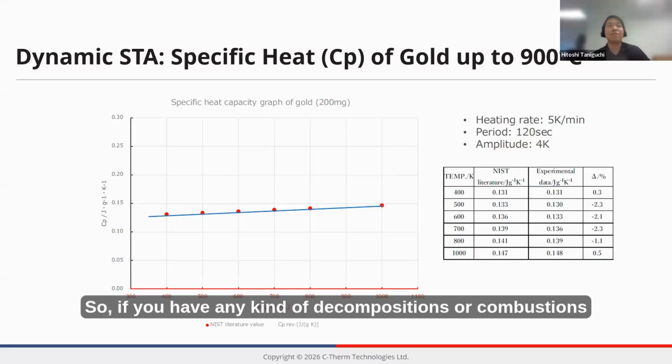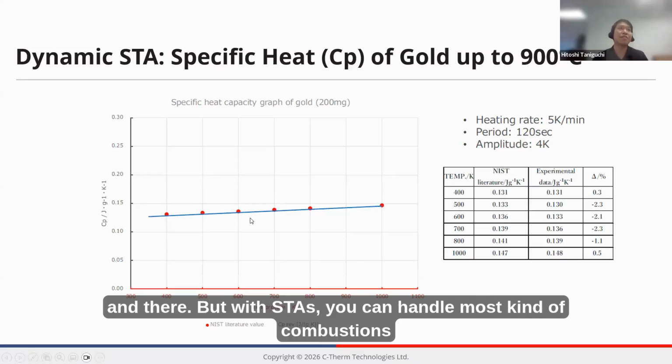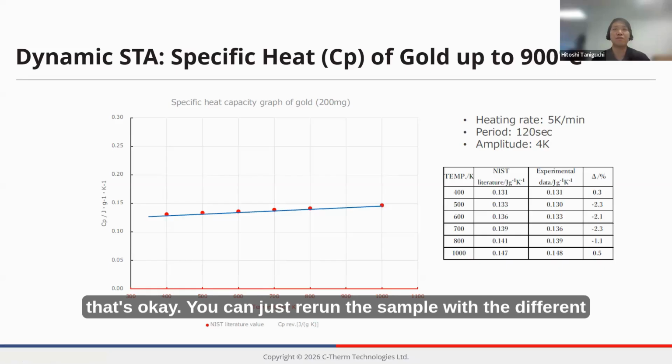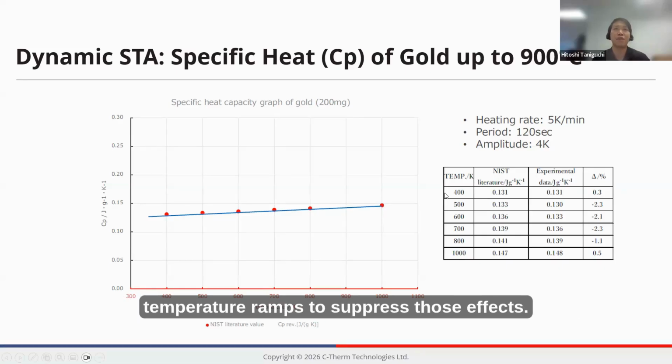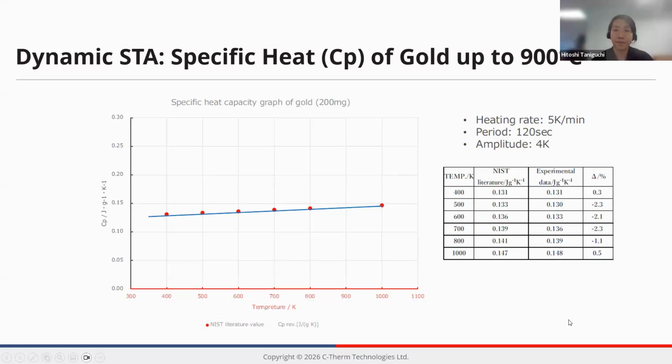If you have any kind of decompositions or combustions occurring with your sample, they would just fry up the sensor then and there. But with STAs, you can handle most kinds of combustions or decompositions happening on the sample holder. So even if your sample decomposes, that's okay. You can just rerun the sample with different temperature ramps to suppress those effects. So it's a great way to measure Cp with these kinds of fail-safes implemented, essentially.